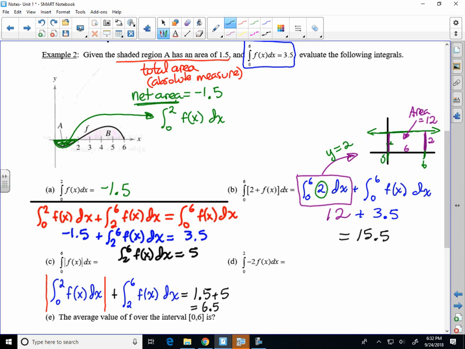If I know I'm losing 1.5, and I have to get to 3.5 as a positive number, what do I have to add to negative 1.5 to get to a 3.5 when all is said and done? I'd have to add 5. So that means that this guy up here has to be 5. So you don't have to set up an equation to do it, but knowing how to do it both ways is kind of nice. At a minimum, it's a luxury, but also at a deeper level of understanding, all that good stuff.